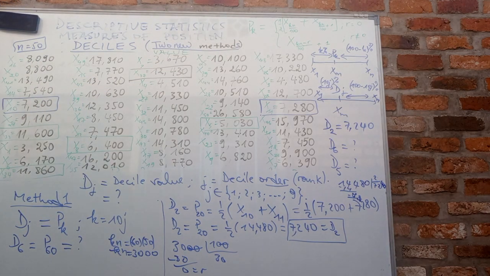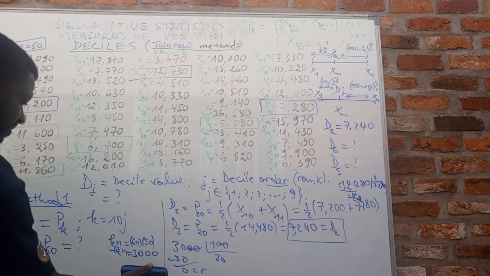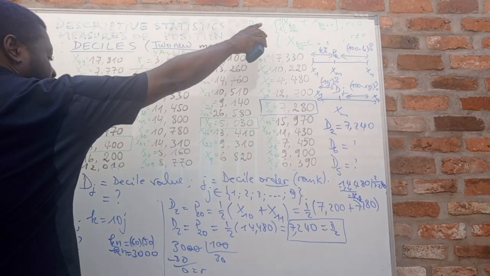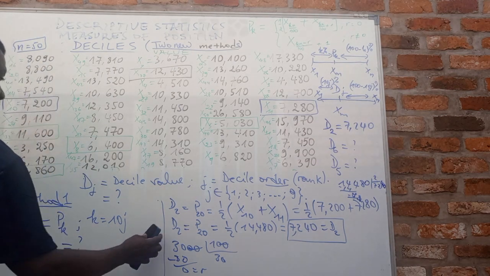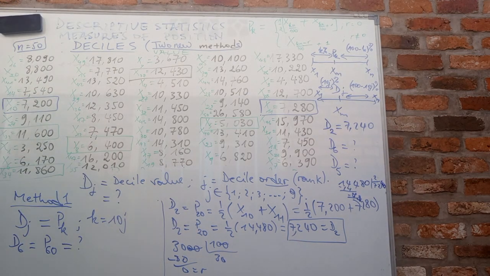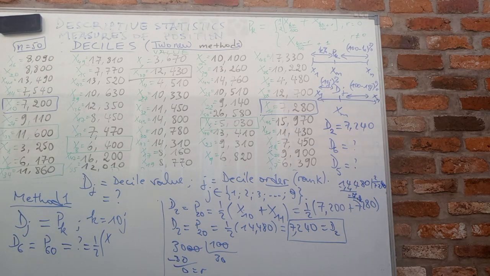Let us calculate it. The remainder is equal to 0, so we use the first formula, which is half of x. We have 30.